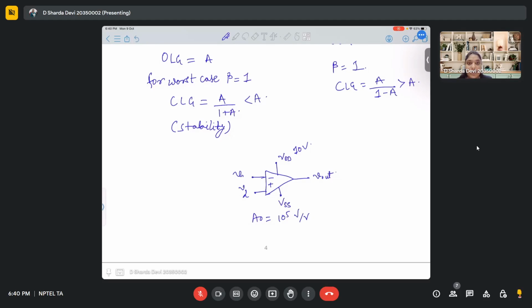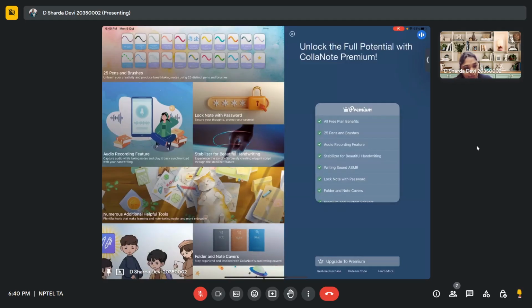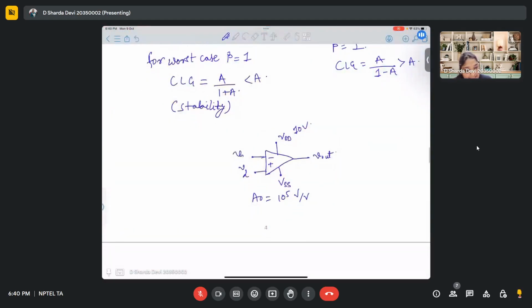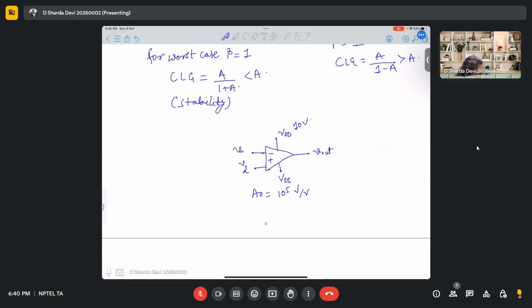Can you imagine? From this particular circuit, your output max can be 10 volts. You cannot go beyond that. The moment you go beyond that, your output will saturate at 10 volts.